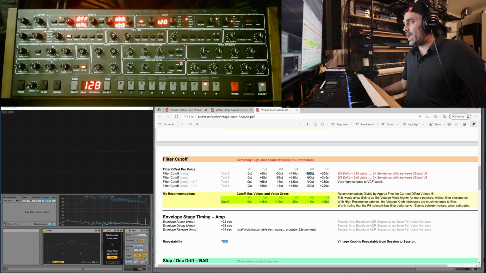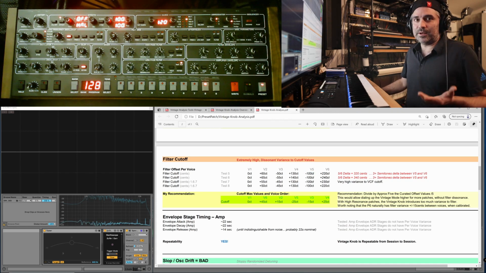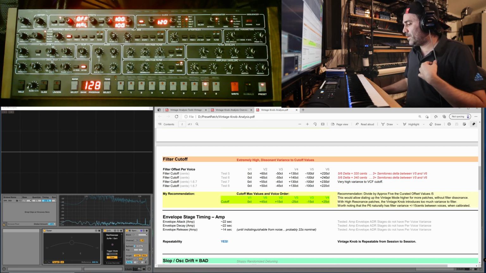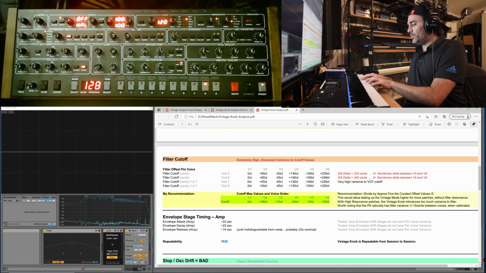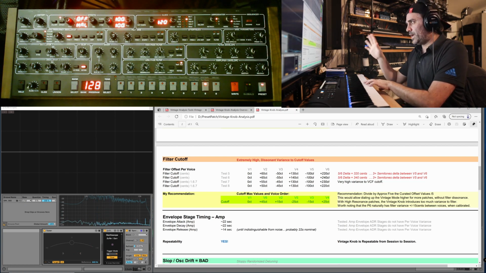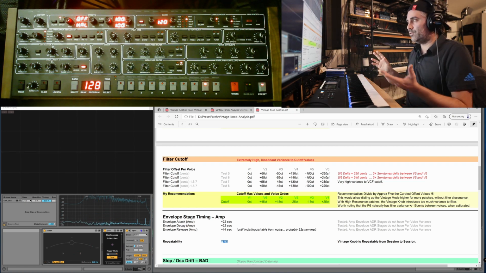Having a negative 100 cents, or 1 semitone, that's a minor second or a major second offset. When you're playing a chord like this, a 1, 3, 5, you're getting tritone type of tones and minor seconds and all kinds of weirdness in there.